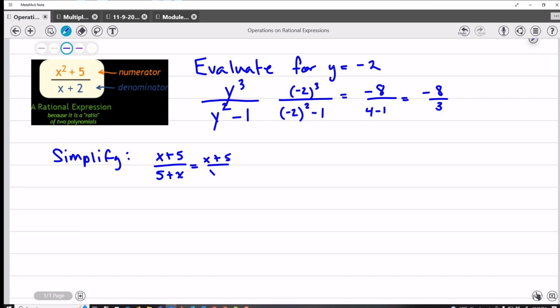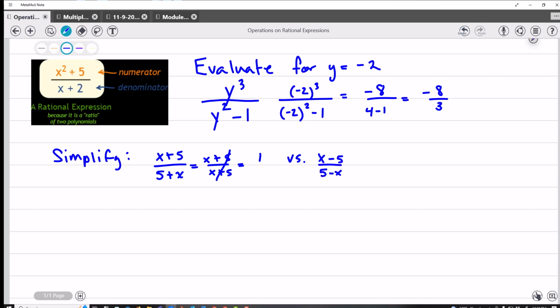So that didn't change the problem, right? And I think that these would just cancel or reduce to 1. You want to be careful though, versus say x plus 5 over 5 minus, oops, I meant to put a minus on the first one, and x minus 5 over 5 minus x.